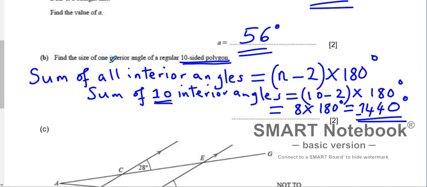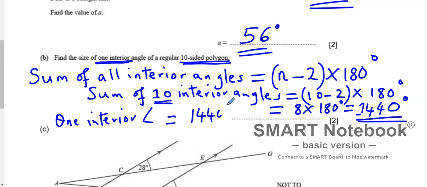Now to find the size of one interior angle, you write here: one interior angle will be equal to this sum, which is 1440 degrees, divided by 10, because they need only one.